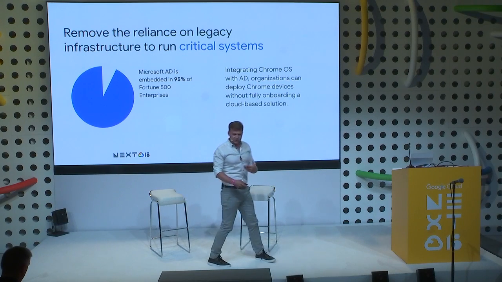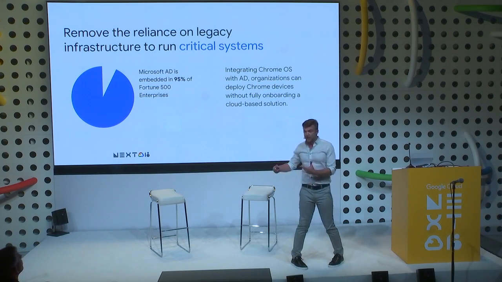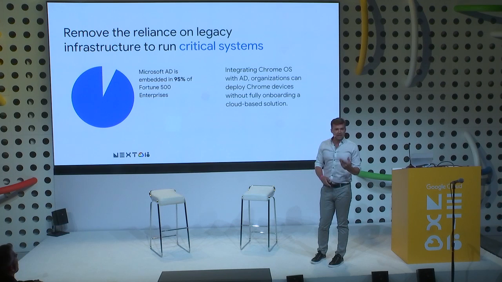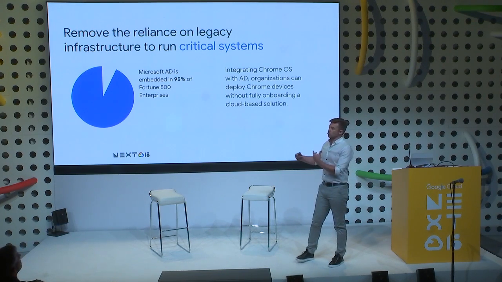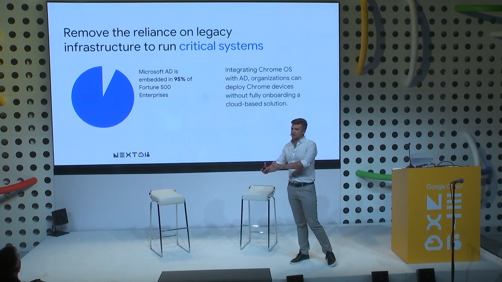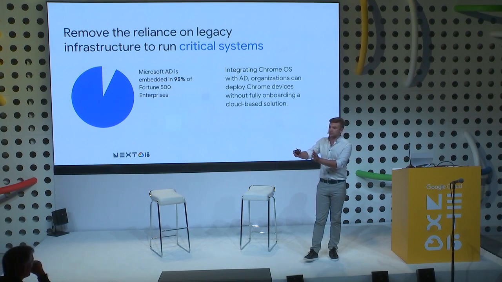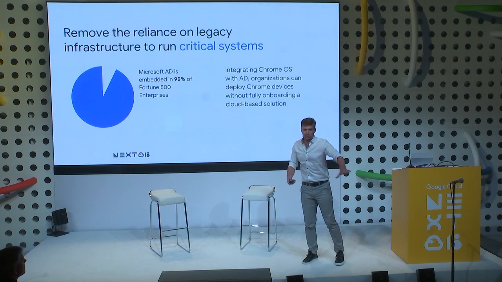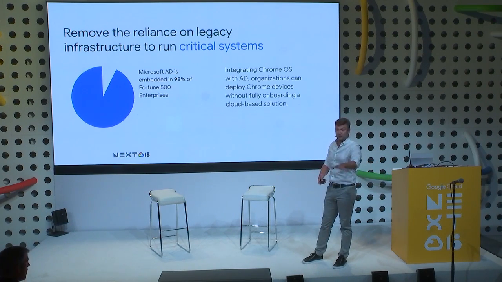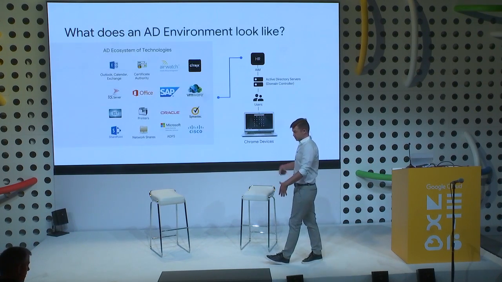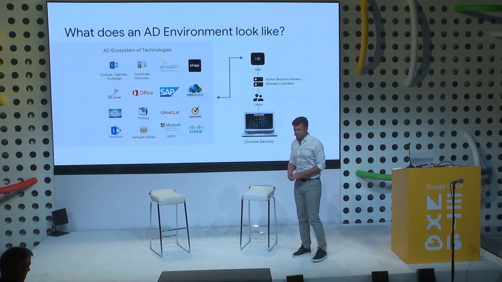And oftentimes these are handled by an on-premise type of provider. In most cases, for many enterprises, it's Active Directory. And so what we've been striving to do is integrate Chrome devices directly with that, so that regardless of where you are in your adoption to the cloud, you can leverage a Chrome device and still use the existing infrastructure or application that you guys have already purchased or have made investments in.